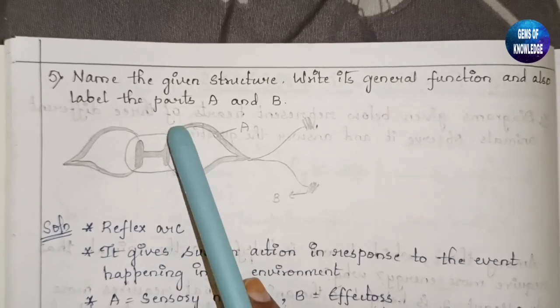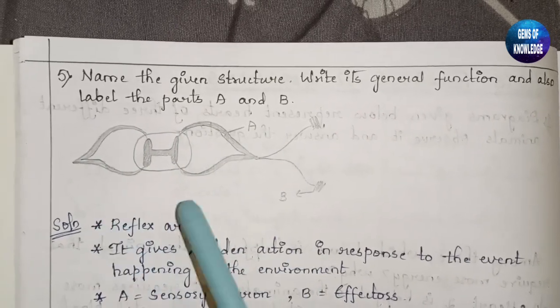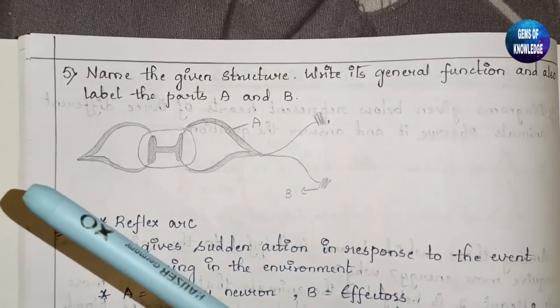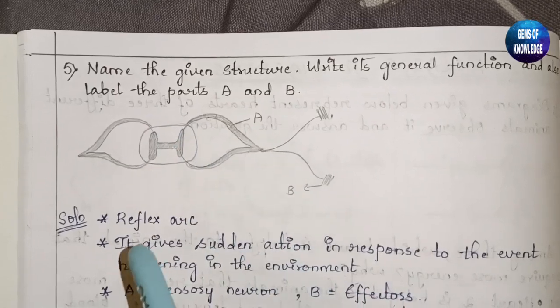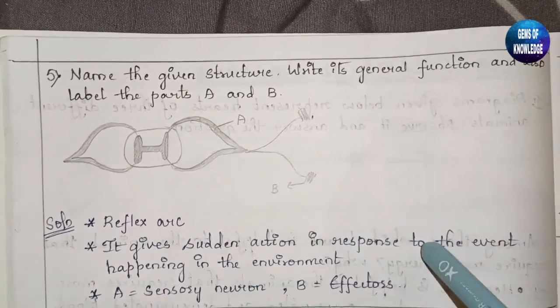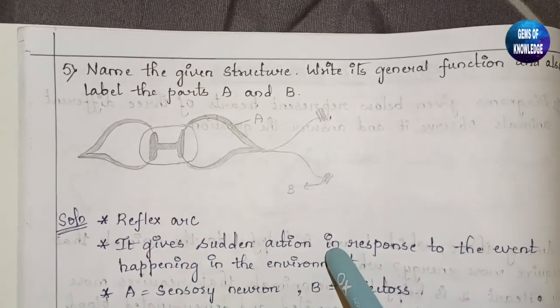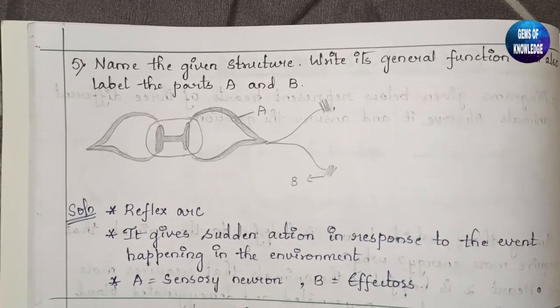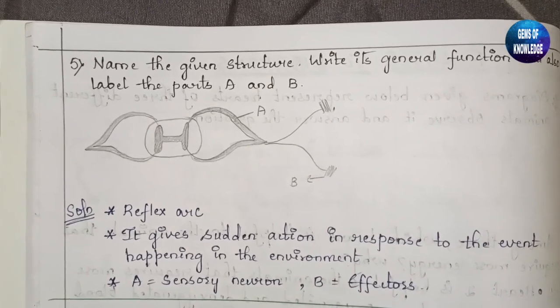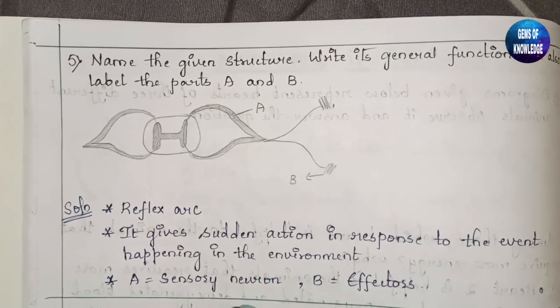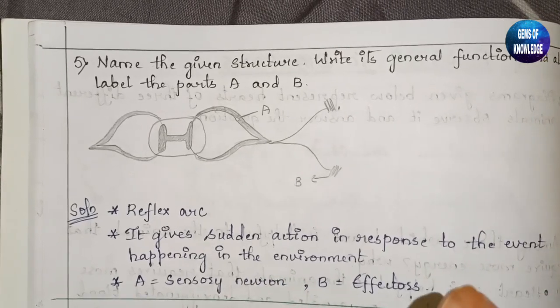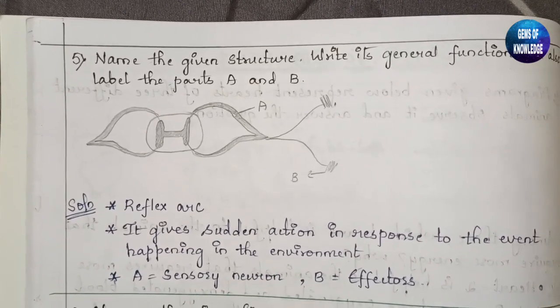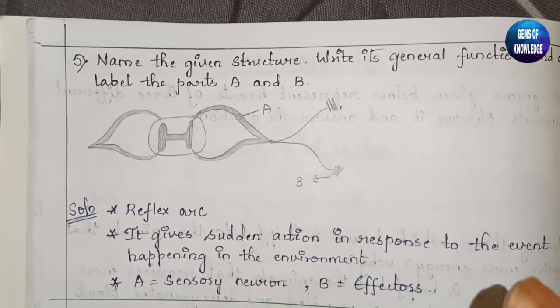The main function of the reflex arc is that it gives a sudden action in response to an event happening in the environment. For example, if you suddenly touch a hot object, you remove your hand from that object. That is the sudden response you give to whatever happens in the environment.